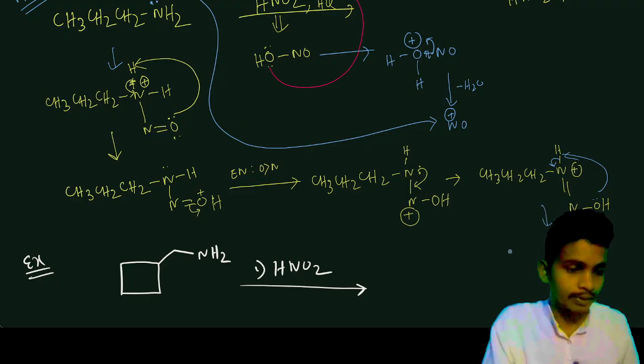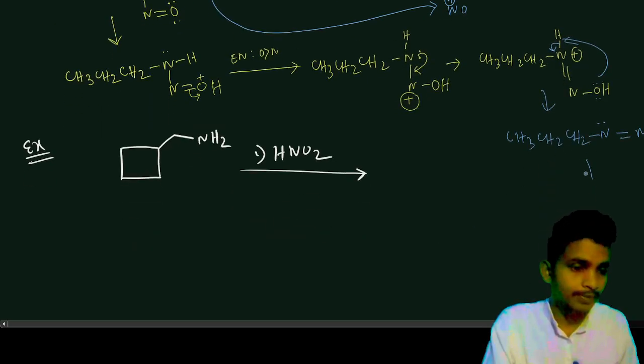Then what will happen here? CH3 CH2 CH2, then this N. Since it takes this lone pair electrons towards itself, the bond electrons between N and H are taken, that is going like this, and this is going to be this N, and this is the OH, and this is H, because this again gets the positive charge.